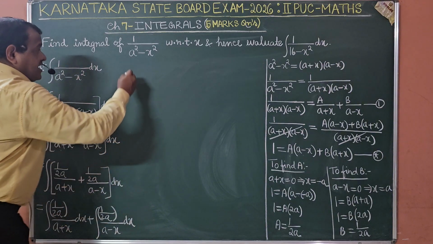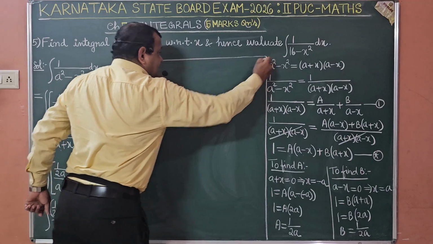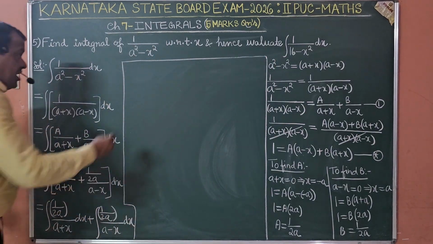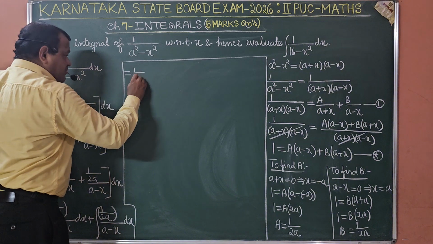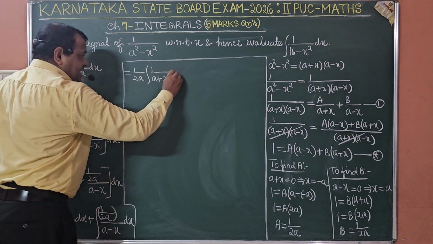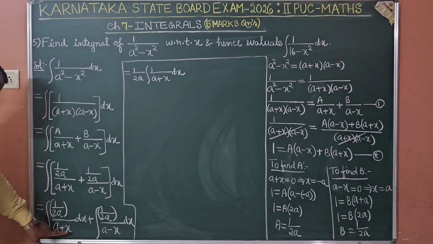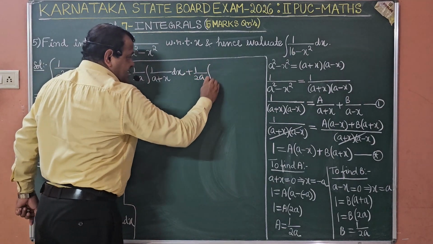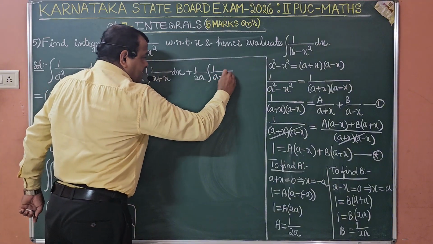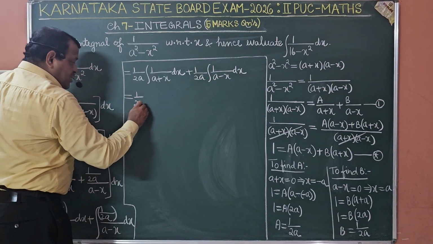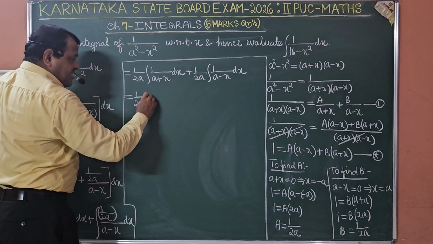I will continue the main answer here after this. 1 by 2a, a constant, can be taken out from the first integral, with just the integral of 1 by a plus x dx remaining. Here also plus 1 by 2a outside, integration of 1 by a minus x dx. Now, what is the integration of 1 by a plus x?